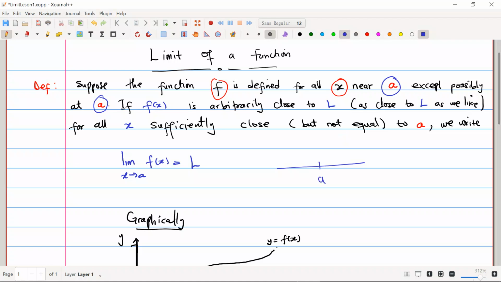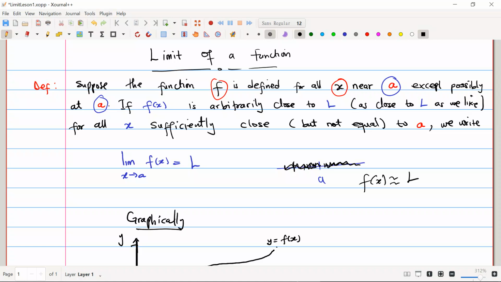If you look at values that are really close to a from this side and that side, both the left and right side, and you plug them into the function f of x, you get values from the left side of a that are approximately equal to some particular value L. From the right side of a, if you plug them in, the same thing happens. Then we say that L is the limit of the function as x gets closer and closer to a.